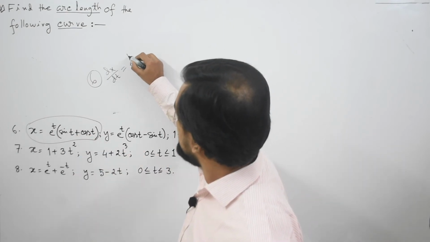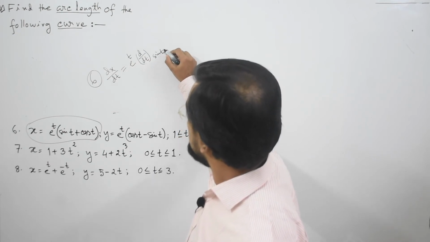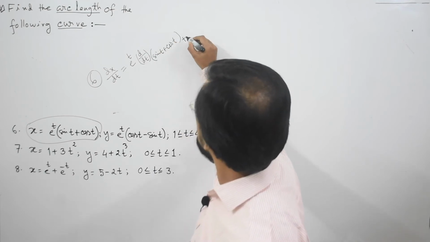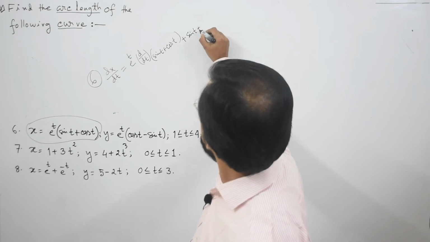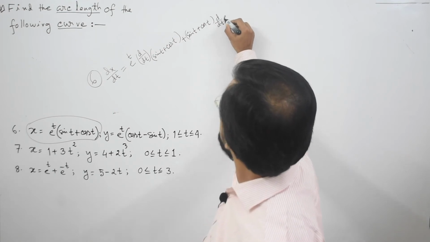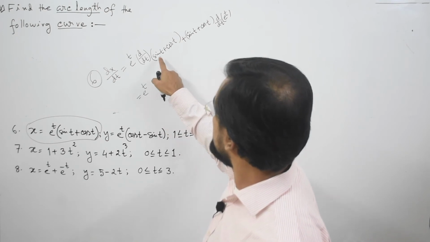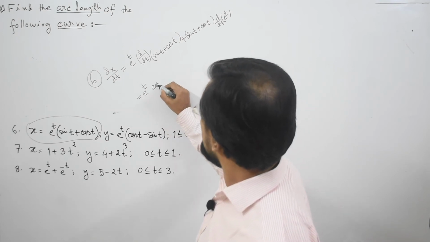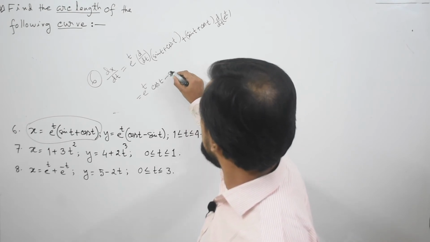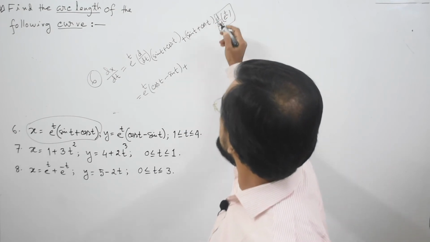So e to the power t times the derivative of (sin t plus cos t), plus (sin t plus cos t) times the derivative of e to the power t, which is e to the power t times (cosine t minus sin t), plus the derivative of e to the power t, e to the power t.